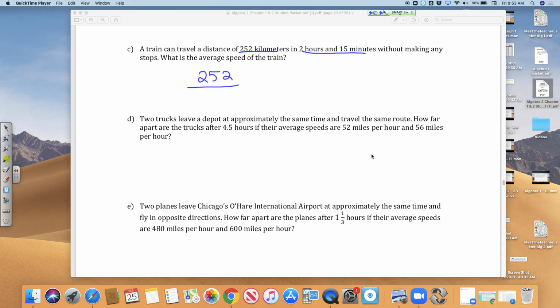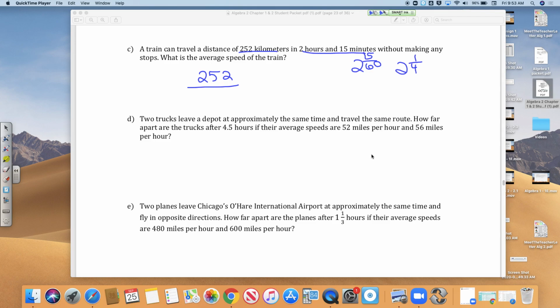But the time is all in different units. So if we want to find the average speed in kilometers per hour, I would have to change 2 hours and 15 minutes to be in hours. To do that, I could take 2 hours and 15 minutes, convert that to hours by taking a mixed number and making it 2 and 15/60ths. And 2 and 15/60ths really equals 2 and 1/4.